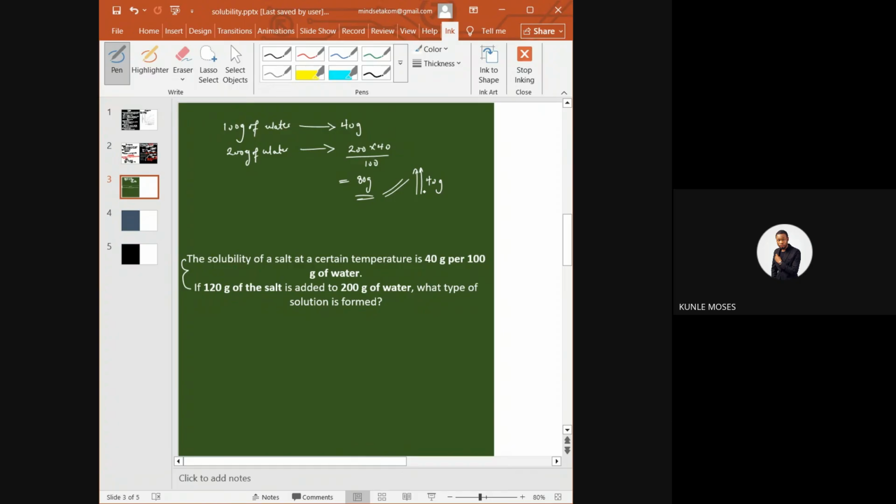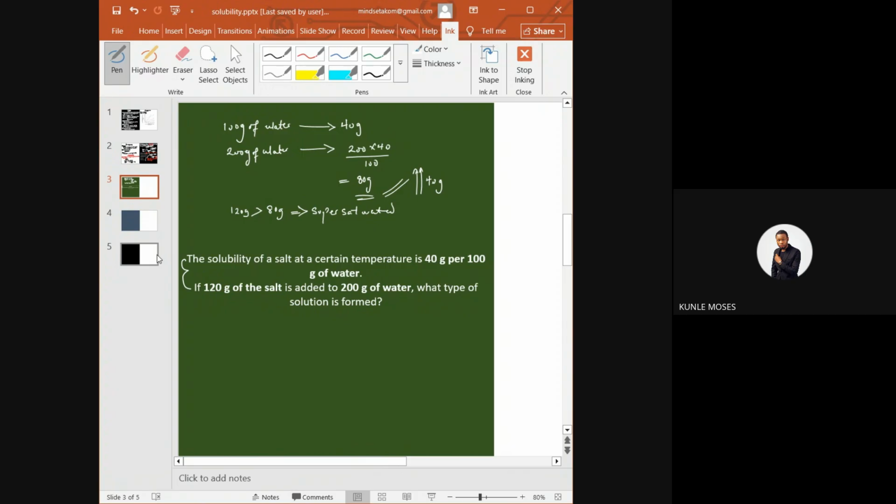So what type of saturation is that? Is that not supersaturated? Because the 120 gram that they added is actually greater than the 80 gram that we got. So that makes it supersaturated. Please, are we getting it? Gift, do you get it?